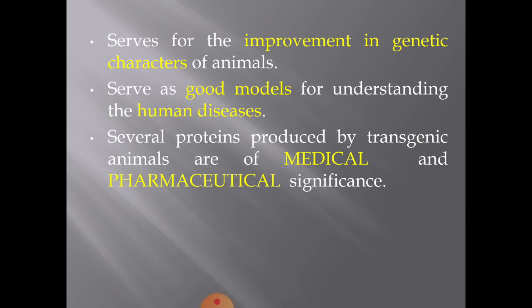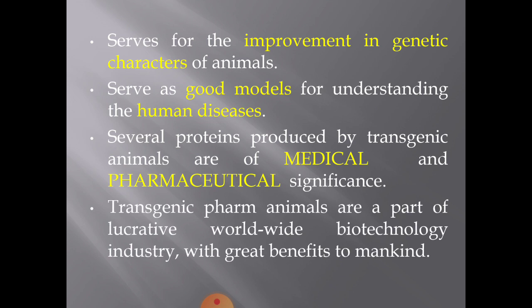Then several proteins of interest which have been produced by transgenic animals are of medical and pharmaceutical significance. So they have a lot of medicinal importance, right? Then transgenic farm animals, not FARM, please note, PHARM animals. Transgenic pharm animals today happen to be a part of the lucrative worldwide biotechnology industry with great benefits to mankind.